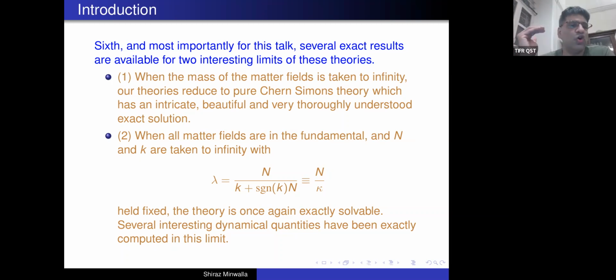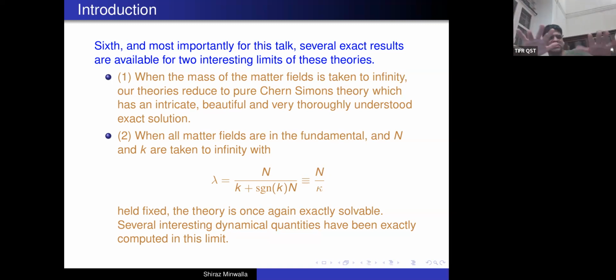Now, though Witten's solution of pure Chern-Simons theory was very intricate and beautiful, one might be tempted to regard it as not the kind of theory one wants to study for many purposes, because pure Chern-Simons theory is a topological field theory. It has no local degrees of freedom. There are no propagating gluons in pure Chern-Simons theory. The equation of motion for pure Chern-Simons theory is that the field strength is equal to 0. So that tells you that there are no propagating gauge invariant degrees of freedom.